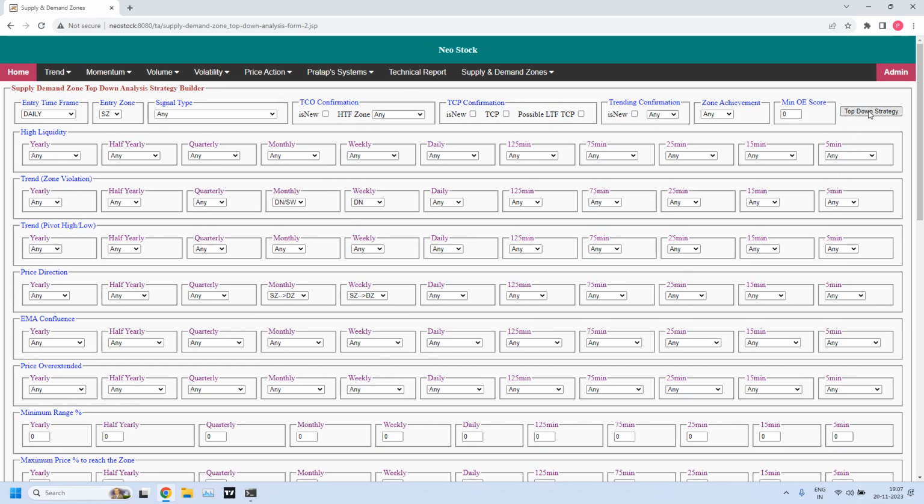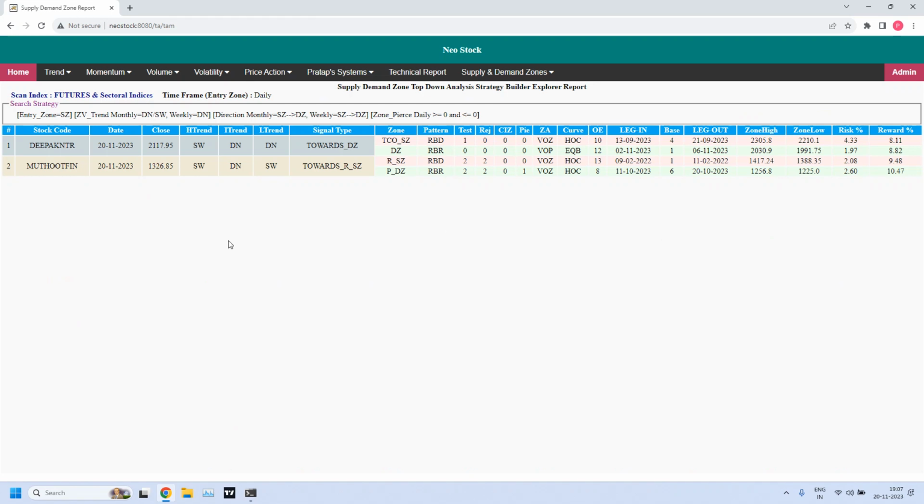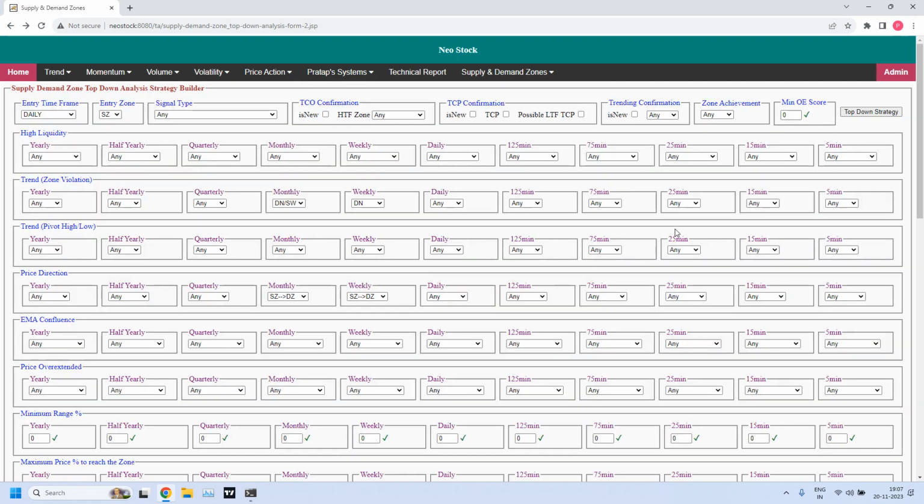Now let us generate. So we have only two stocks. Bearish setup related stocks, we have two stocks. But we have one more condition. What is that? Monthlies traveling from all-time high to demand zones. Let us find.